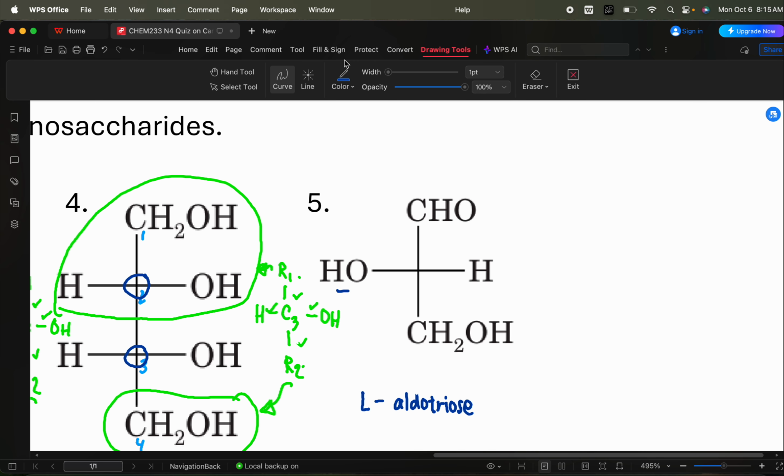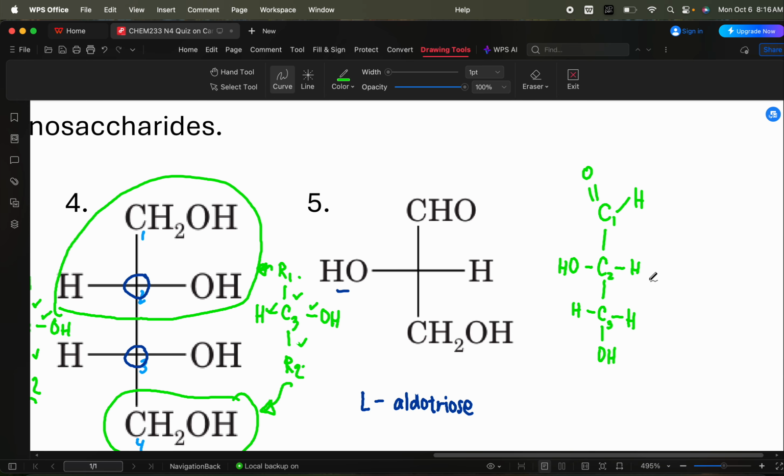Redrawing number 5, this is C, double bond O, H, then we have C, and C, this is H, this is hydroxide, then we have OH, then H. So this is carbon 1, 2, 3.